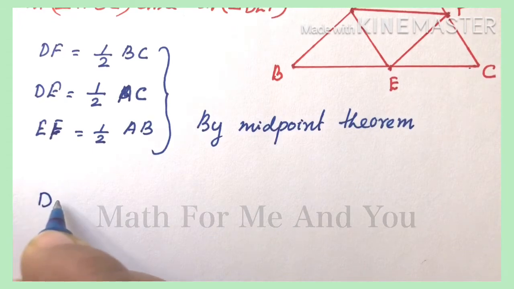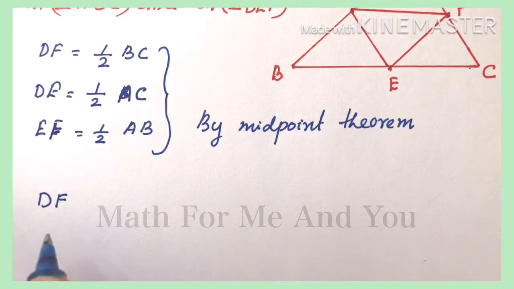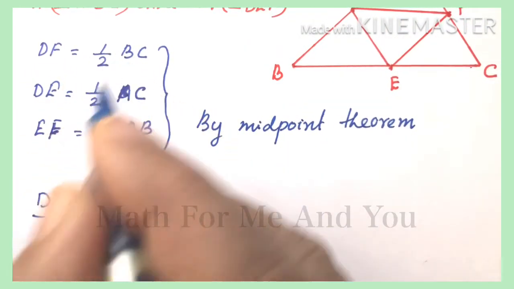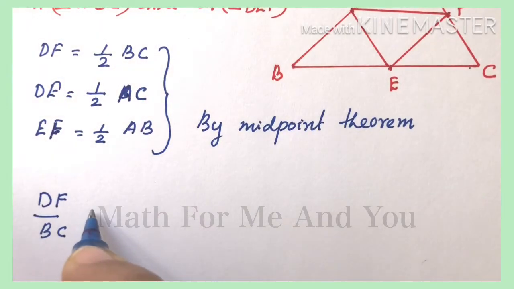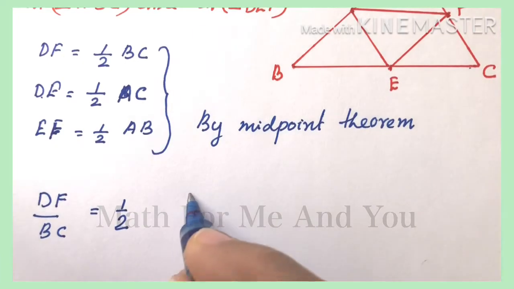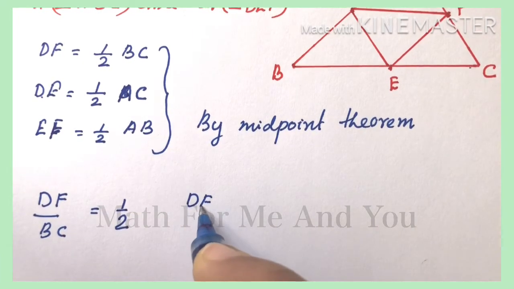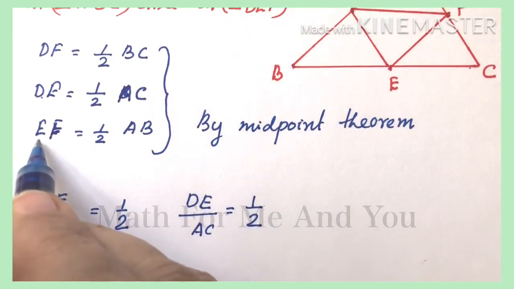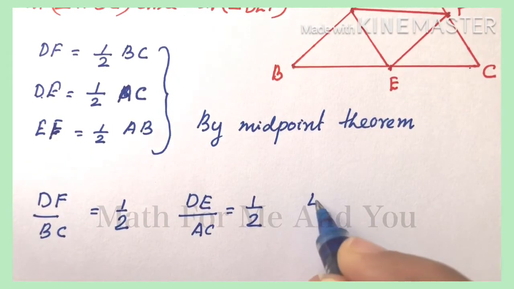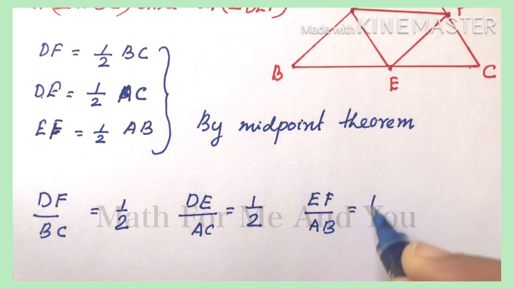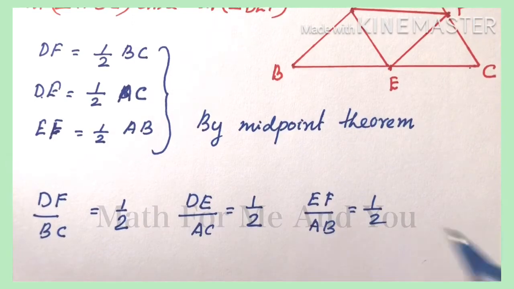From these three results we can write DF by BC. DF divided by BC, on the right side we get 1 by 2 because DF equals half BC. So we can write this equals 1 by 2. Next we can write DE by AC. DE by AC also is equal to 1 by 2. And next one, EF by AB, that is also equal to 1 by 2.